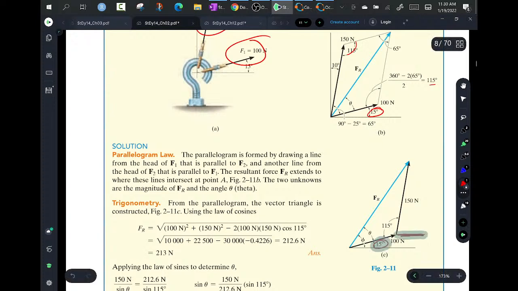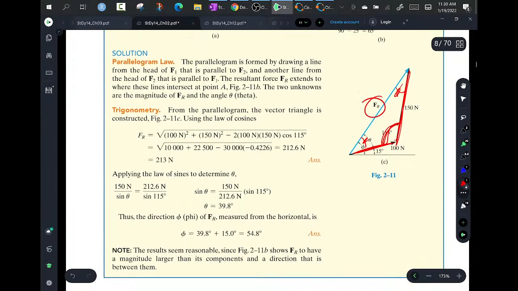He ends up with the same circumstance. He knows this distance. He knows that distance. He knows the angle between them. He can immediately go after the resultant force. Then from that, you can take the law of sines and pick up these two angles, which he may or may not be asking.